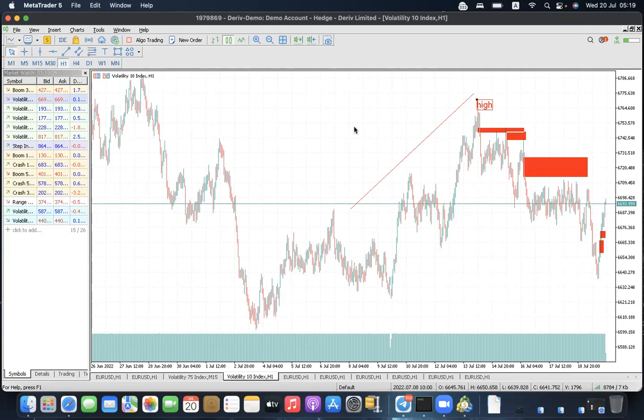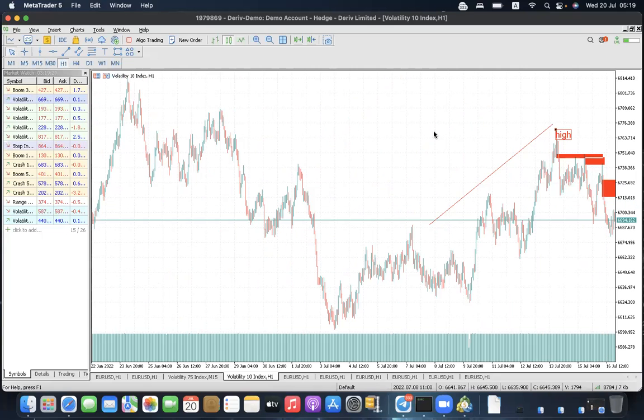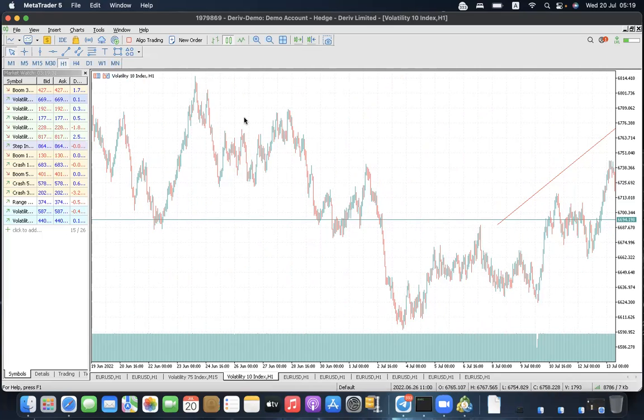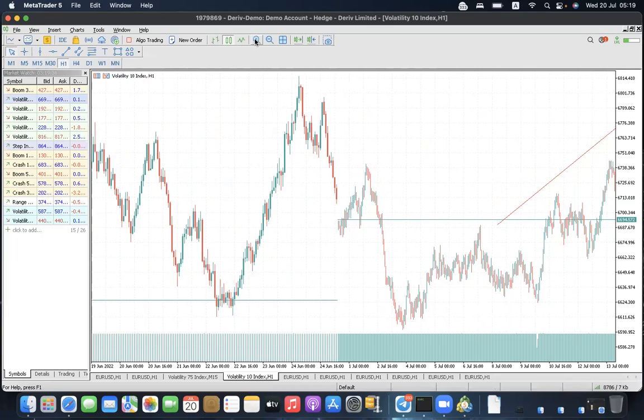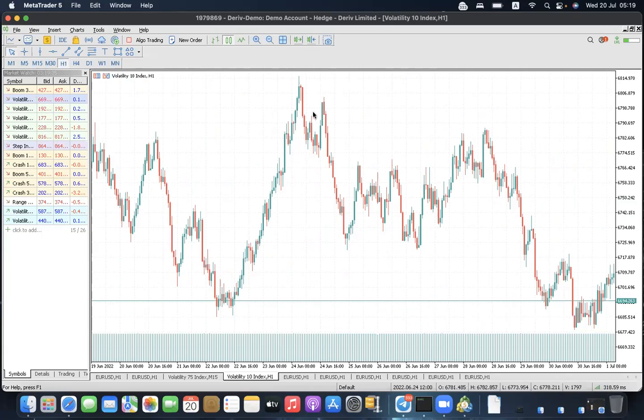Again, you can see that when we created a high at this point, let me zoom there. Here and here, there was an imbalance. So we mark our area. And when price came back in that area, it fell.